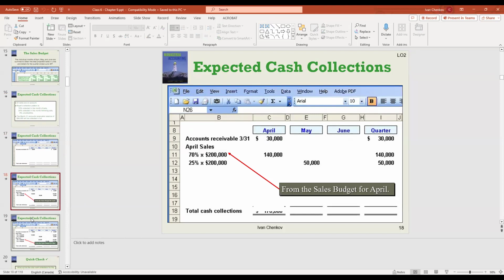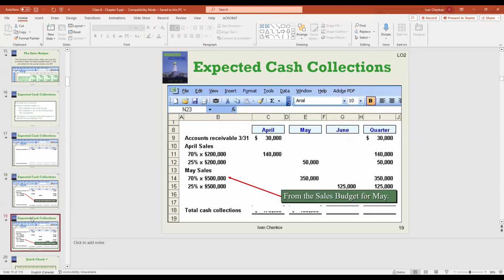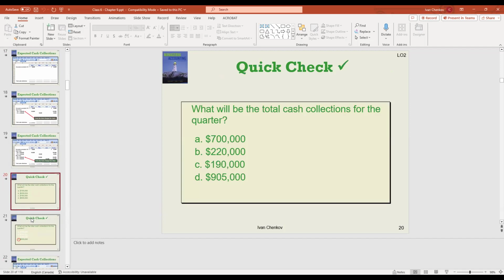Then we're going to start collecting 70% of the sales in April, and 25% in May. Then 70% of sales of May, we're going to collect in May, and 25% we're going to collect in June. And now comes the question: what will be the total cash collection for the quarter? Which we already calculated. And the answer was $905,000.